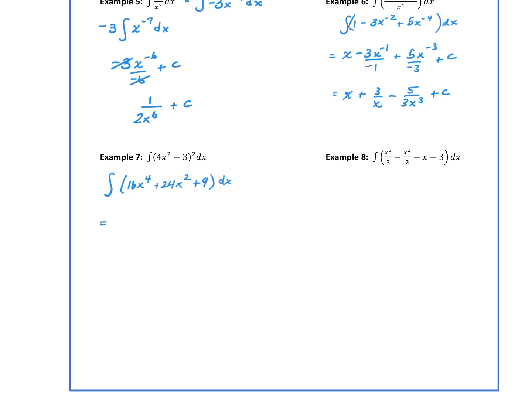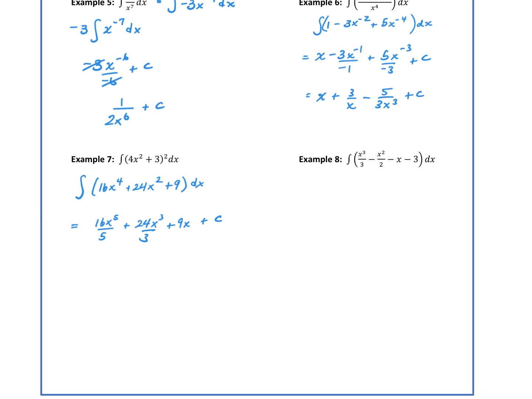So when we integrate, we're going to get 16x to the 5th over 5 plus 24x cubed over 3 plus 9x plus c. I'm going to leave it. You could change the 24 over 3 to 8, but it's fine.